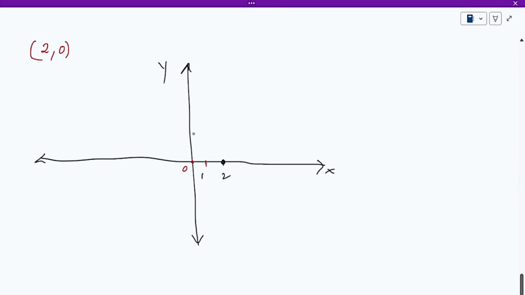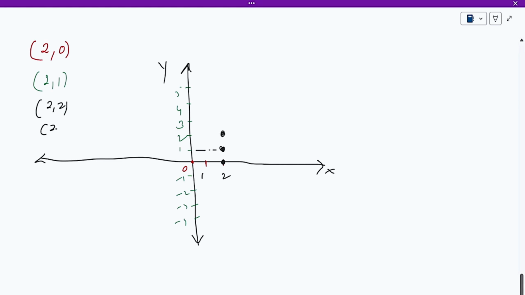Now, let's say this is 1, 2, 3, 4, 5, and this is -1, -2, -3, -4 like this. If I ask you to write (2, 1), where is it? On the x direction we move 2, and the y value is 1. So this is (2, 1). If I ask for (2, 2), it is over here. (2, 3) is over here.